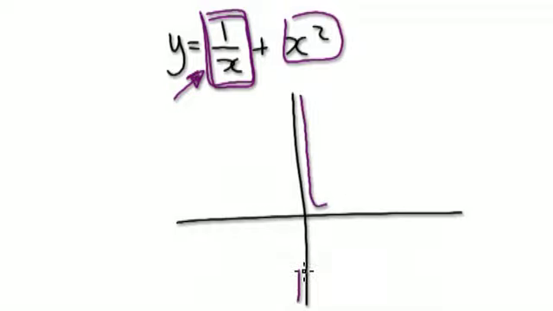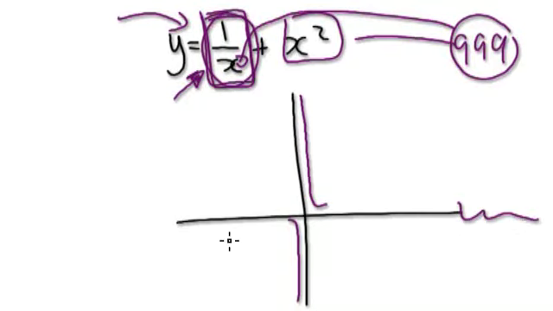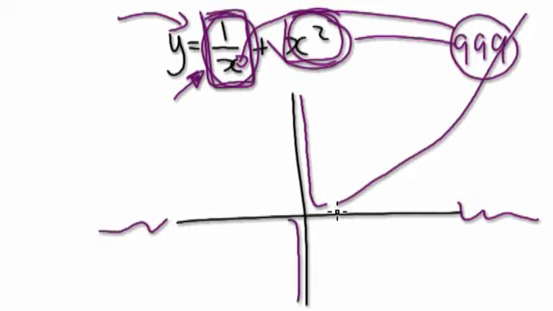Now when x is big, if you choose 9999 and put it into here and into here, this term here dominates. So when x is big, it wants to follow the x squared curve.